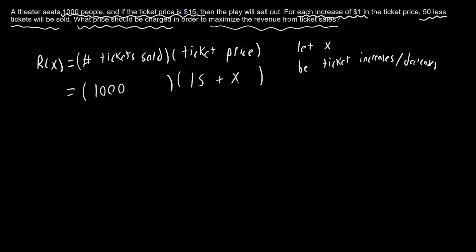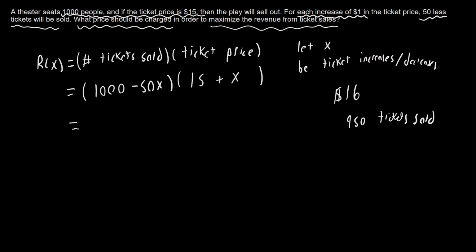And from that increase of $1, 50 less tickets will be sold. So in the case that the tickets cost $16, there's going to be 950 tickets sold. So you could see if you plug in 1 for X, it'll work. So we know we got the function right.